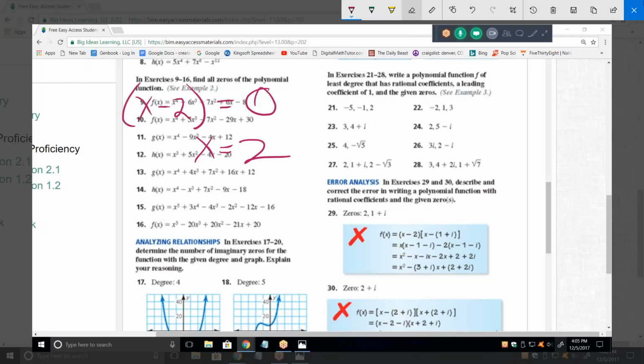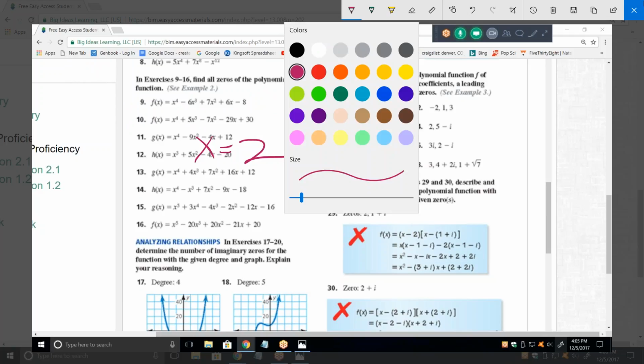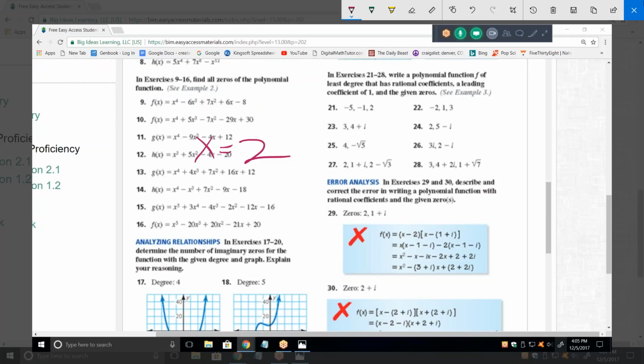So if I tell you that x equals 2, what is the linear factor? x minus 2. Correct. With 21, they're giving you the 3 values of x.